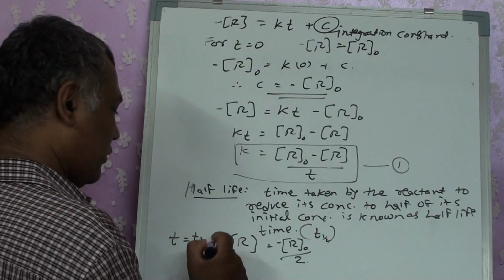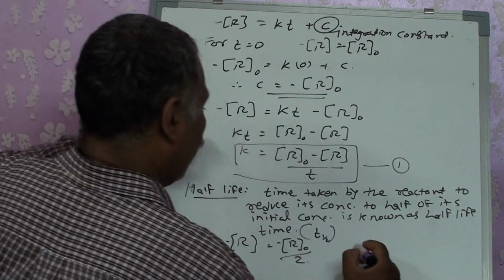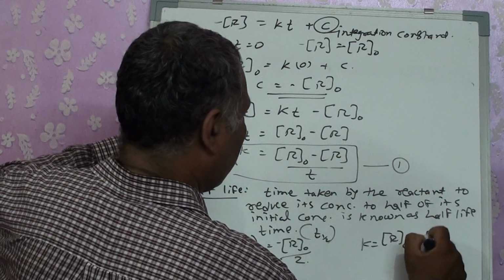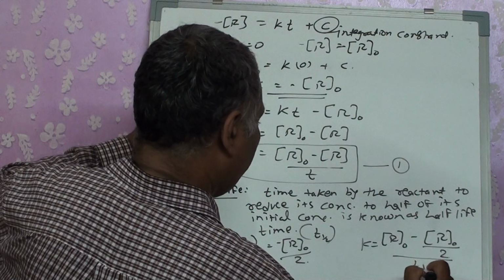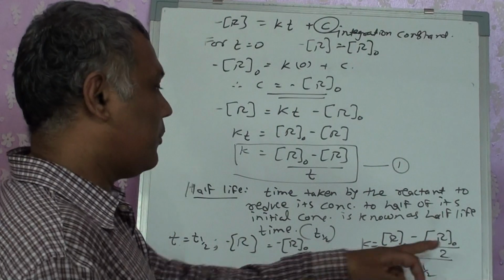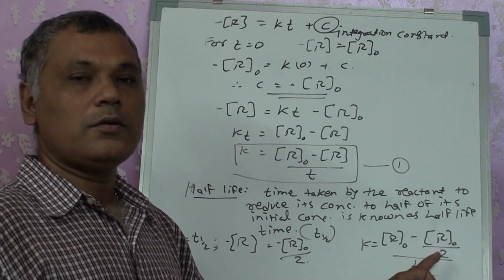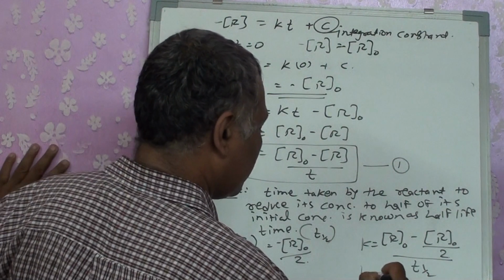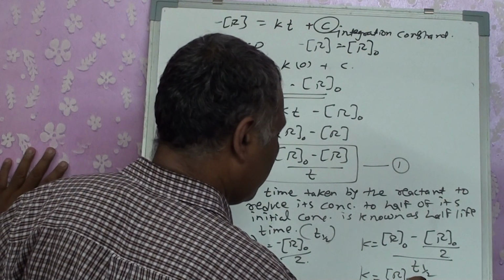Substituting these values in the given equation, k equals [R]0 minus [R]0 by 2, divided by t1/2. Simplifying, 2[R]0 minus [R]0 gives [R]0 by 2, and the 2 goes to the division, so we get the equation k equals [R]0 by 2 t1/2.